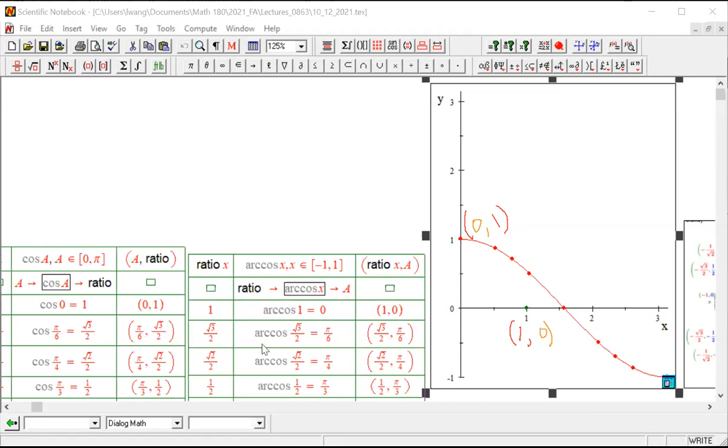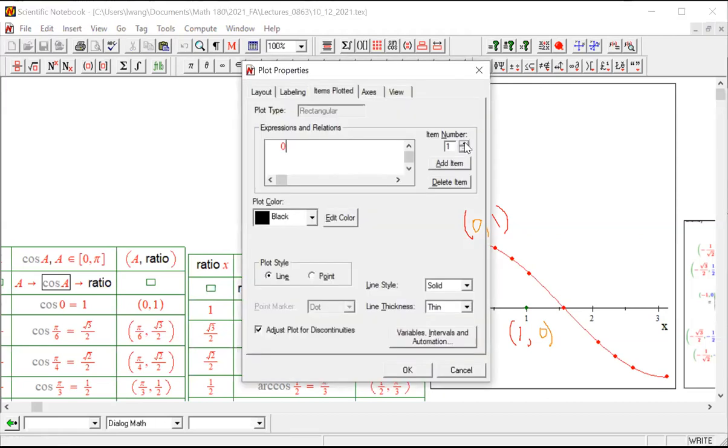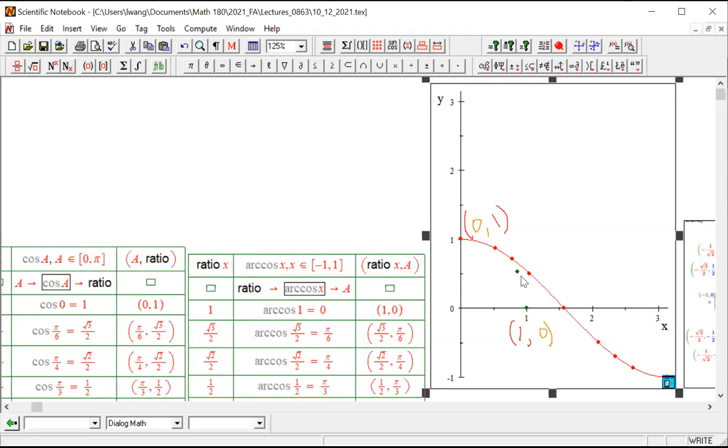The next point, right? Input becomes output, output becomes input. So this point is going to be on the ArcCosine. Okay, add a green dot. Do you see that green dot?